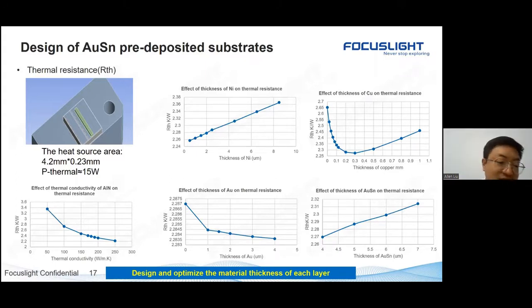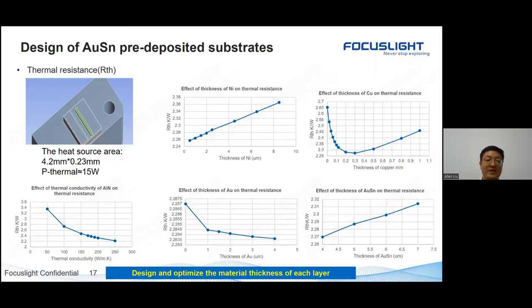For the thermal conductivity of aluminum nitride, when we increase it from 50 to 100, the thermal resistance decreases very quickly. Then when we increase the thermal conductivity from 100 to 150 to 250, the thermal resistance decreases very slowly.